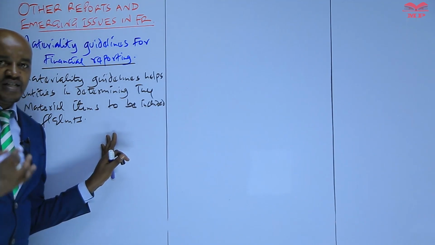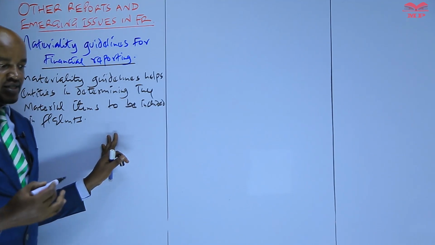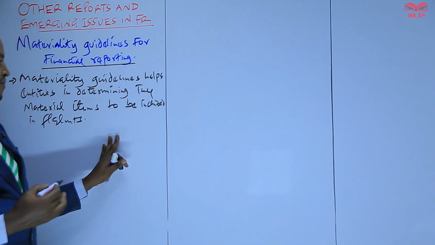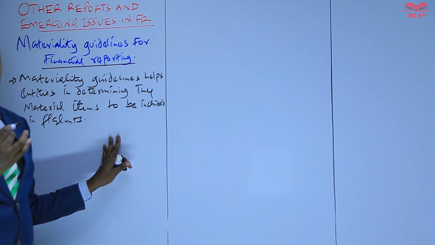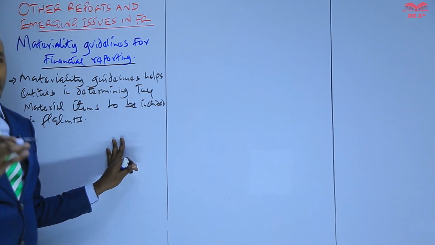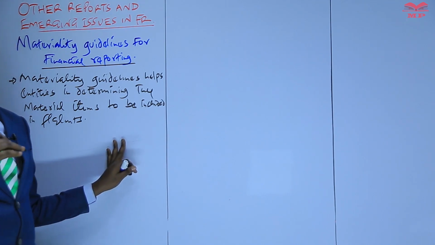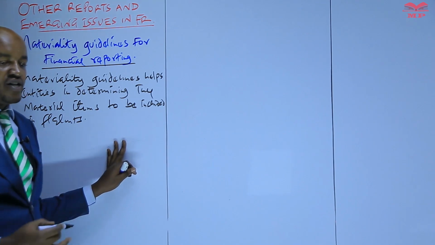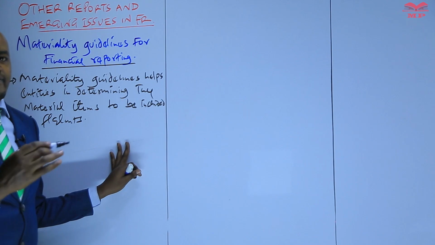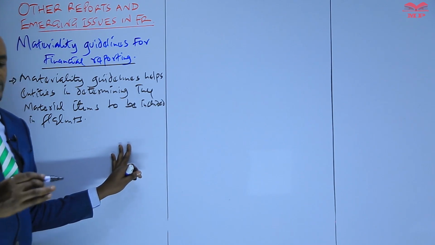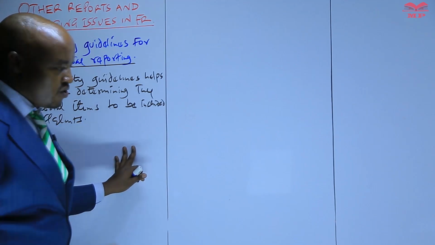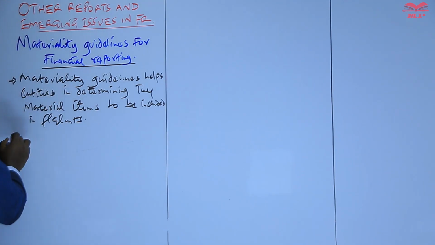Materiality guidelines will help the entities to determine the information which is to be included in the financial report, because if that information is not included there, it may adversely affect the decisions which will be made by users of those financial statements.